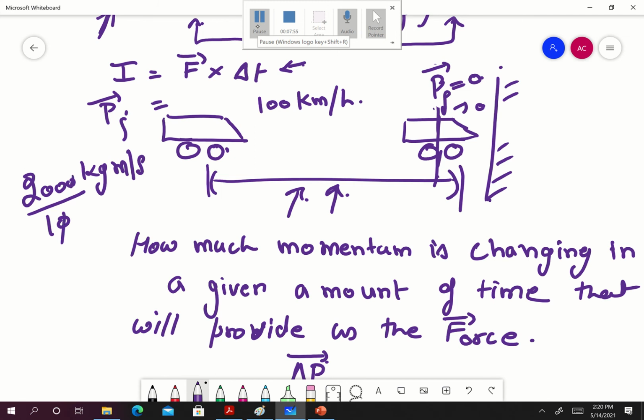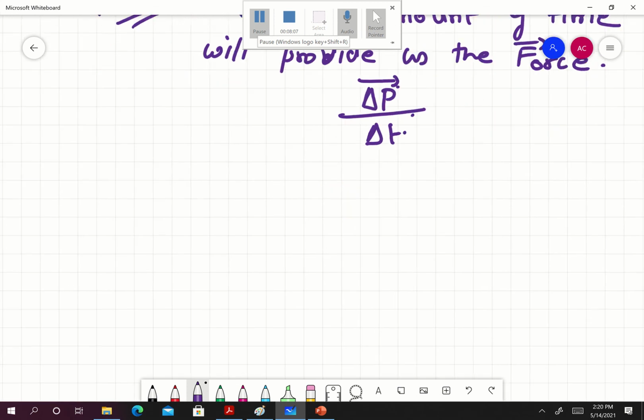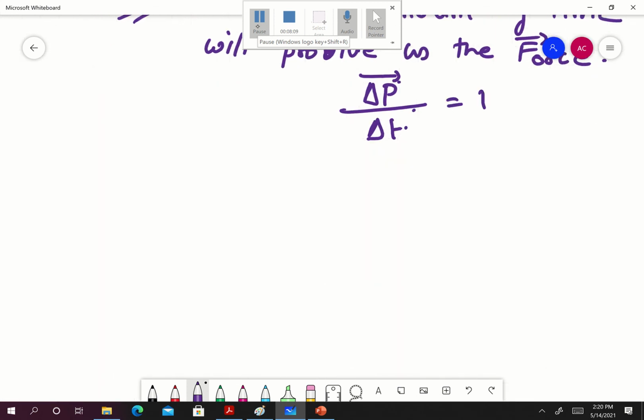So I divided these two. So the average force felt by the driver in every second will be 200 newtons only.